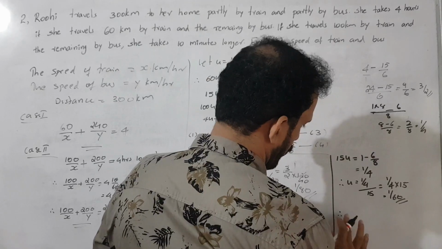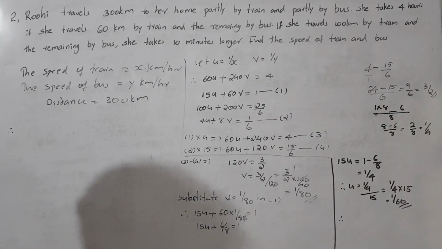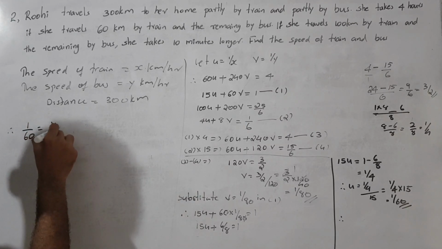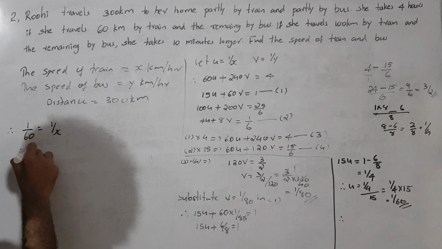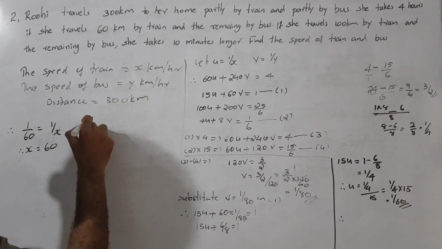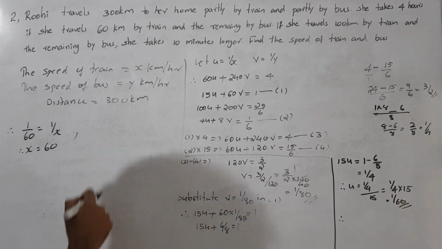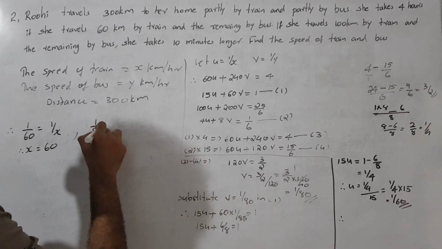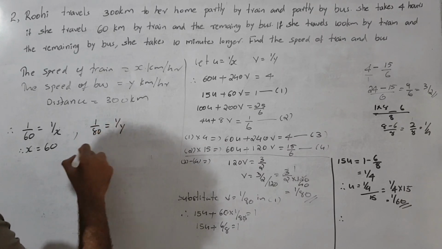Therefore, x is equal to... u is equal to 1 by x, correct? Therefore, 1 by 60 is equal to 1 by x. Therefore, x is equal to 60. Then v is equal to 1 by y. What is v? v is 1 by 80. 1 by 80 is equal to 1 by y.